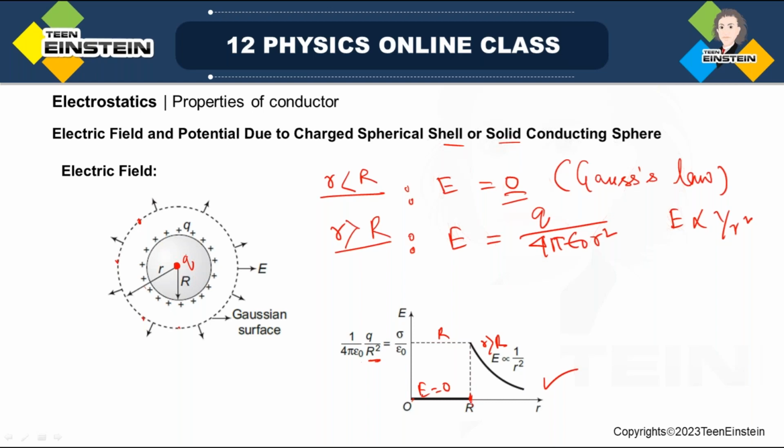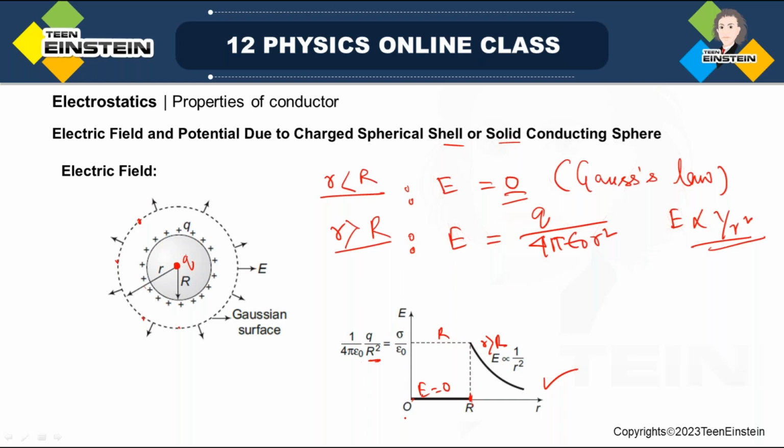Beyond the sphere, where r is greater than capital R, the variation will be this way, a 1 by r square variation.